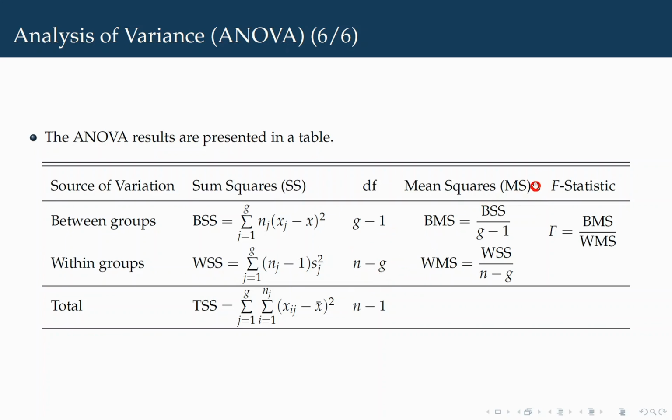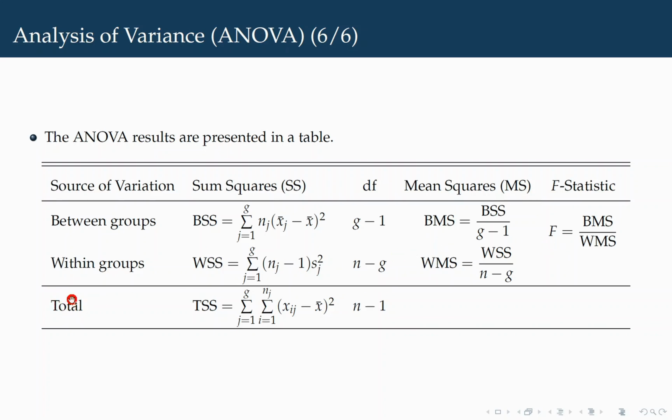Regarding the mean squares, between sum squares divided by g minus 1 represents between mean square, and within sum square divided by n minus g represents the within mean squares. And finally, the ratio of the between mean square to the within mean square represents the F-test statistic.